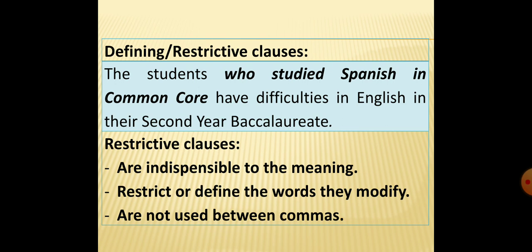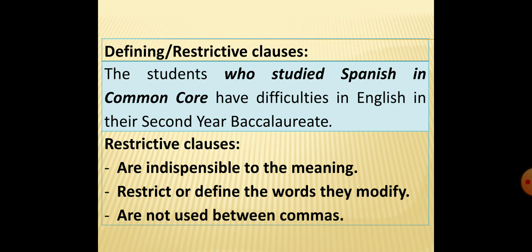Some students study Spanish in their first year in high school, which is the Common Core, and afterwards, especially if they change the place, they would have difficulties with English because they haven't studied English before.